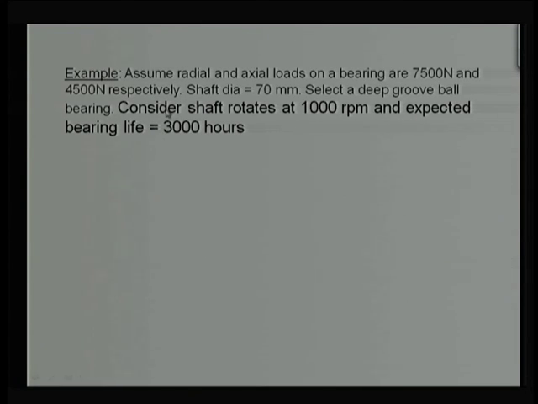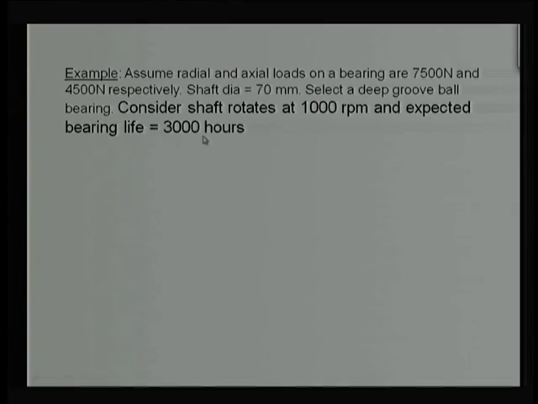It says that we should consider the shaft rotational speed. Generally, bearing life is given in rotations. It's a dynamic load, it's a fatigue load. So how many rotations can that bearing survive? Naturally, we require the rotations per minute reading, as well as how much life is expected.